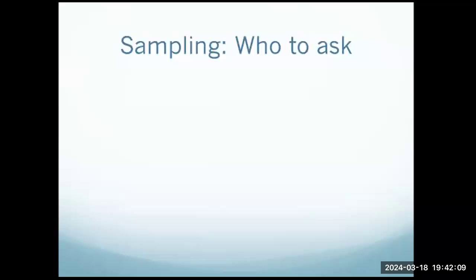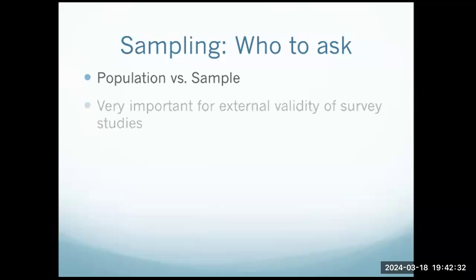So who to ask? When we talk about surveys, we talk about sampling, samples, right? The population is all the cases, all the observations of interest to us. I could be interested in the population of adolescents, for example, but I'm only going to get a sample, which is a small subset of those cases or observations.